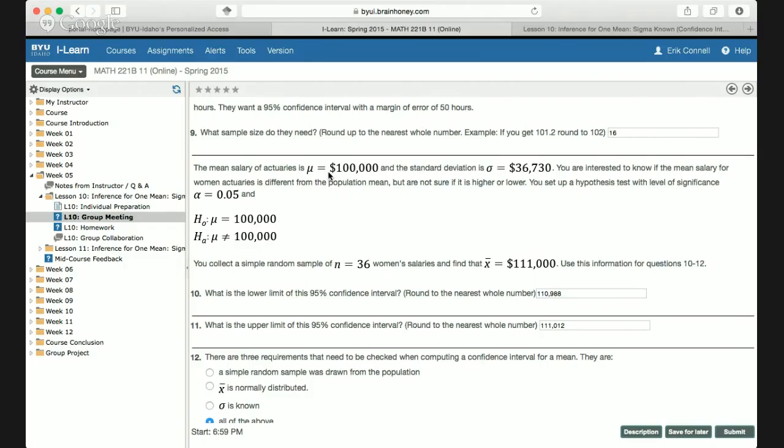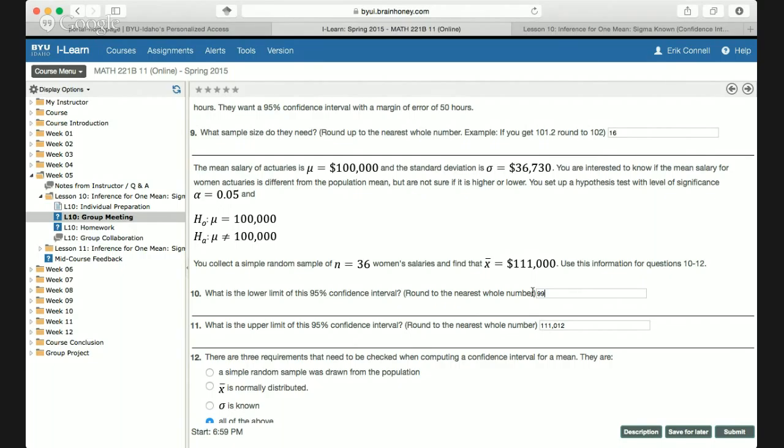Because it's X bar, 111,000 minus Z, which we're using 95%, so that's 1.96 times sigma, 36,730, divided by the square root of n. So yeah, right there, we did it right. Square root of that. Yeah. Okay. So the first time I must have just forgot the decimal. So 99,002.